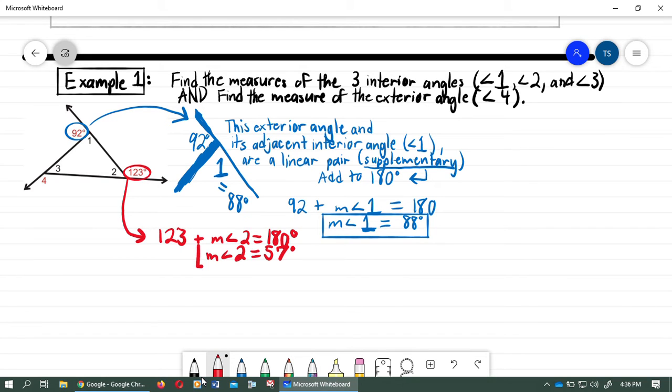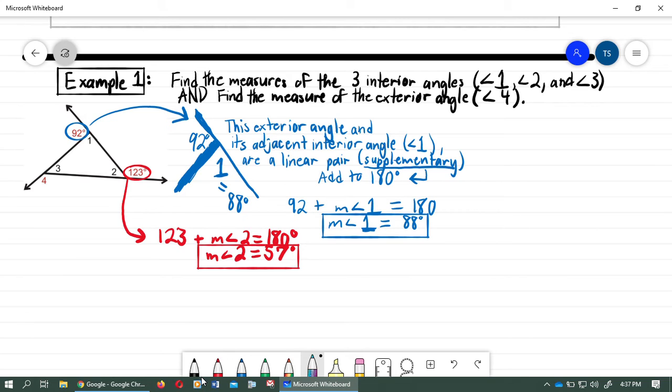So it's that reasoning, okay? And that's how we were able to get angle 1 and angle 2. Okay, so now, folks, we know 2 of our interior angles in that triangle. So now we're going to go ahead and find our third interior angle for this triangle.